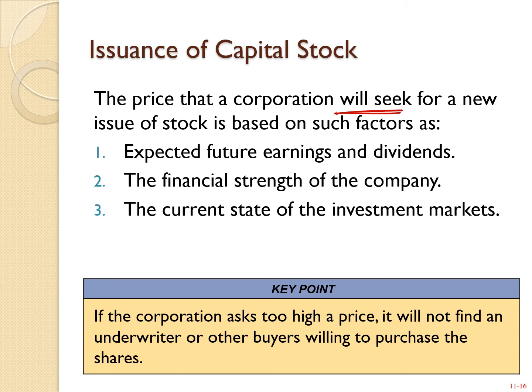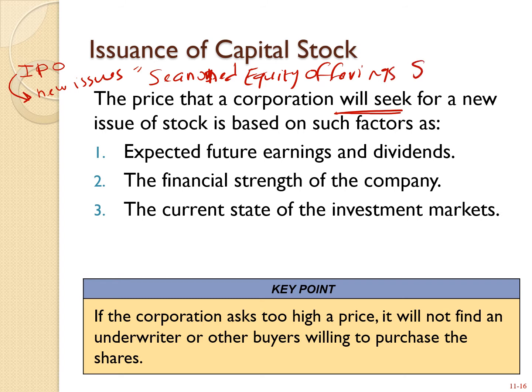When we say new issue of stocks, it's any issue after the IPO, or the initial public offering. Just for your knowledge, we call them seasoned equity offerings, or SEO. So IPO is only once at the very beginning, and then SEOs can take place every other year, every 5 years, every 10 years, depending on the need.